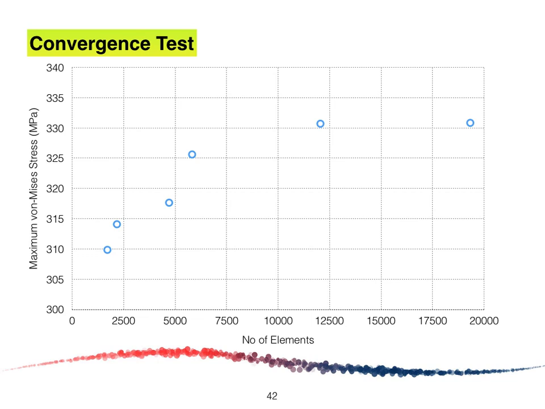After that, we are going to plot a polynomial curve to see whether the line shows enough convergence or not. I found that at an element number around 12,000, the solution converges around 330 megapascal. So we can say that using that particular element size is sufficient to run the simulation.